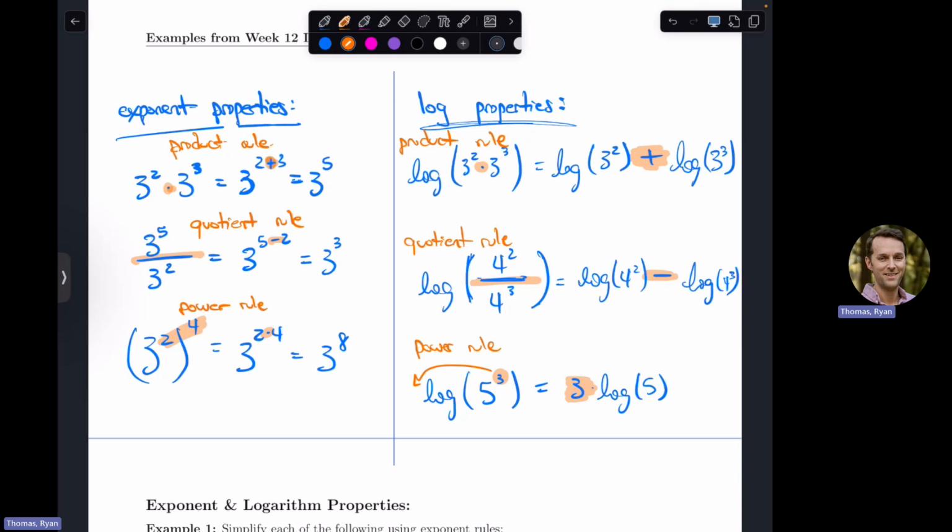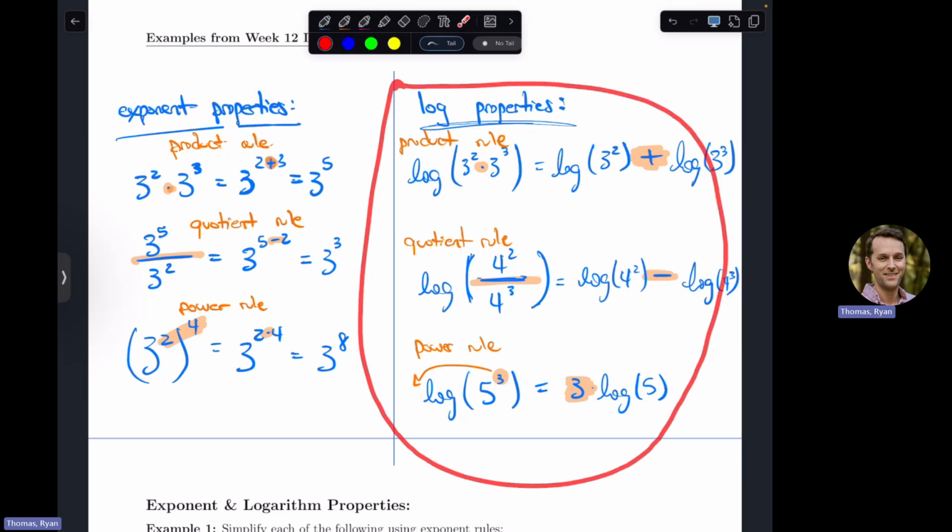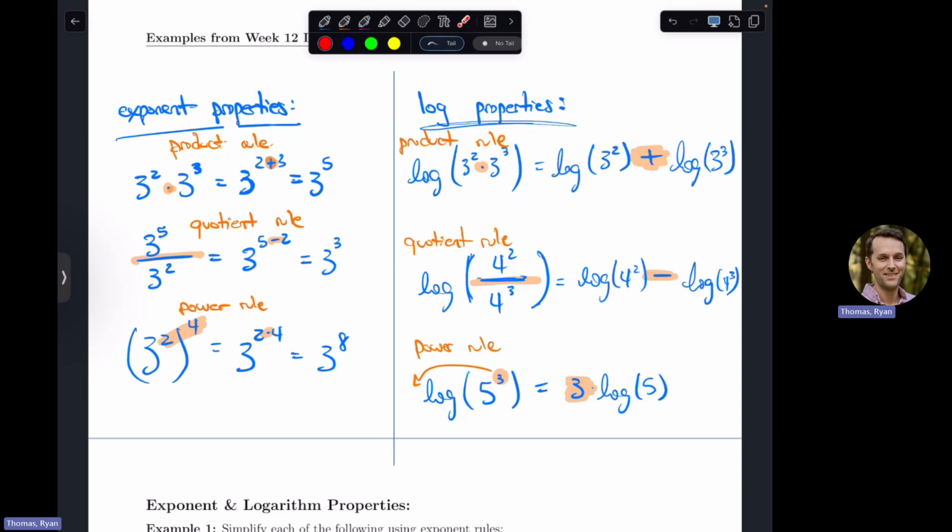Now again, these are things that are counterintuitive, right? These are not how other things that we've ever worked with behave, right? So we need to be aware of that and careful about that. This also means that things that happen with other things don't happen the same way with logs.